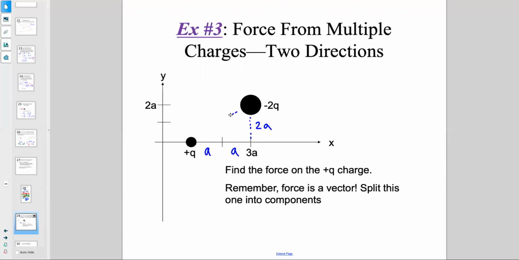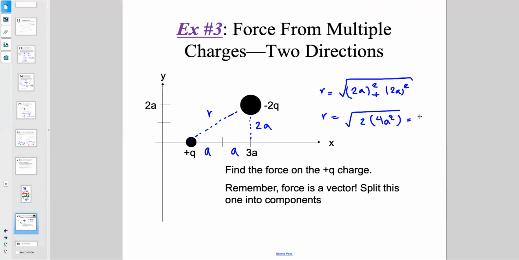So you can find this distance, R. This distance R is the square root of 2A squared plus 2A squared. So distance R is just the square root of 2 times 4A squared, because they have a power of 2. So then you are left with the square root of 8 times A.